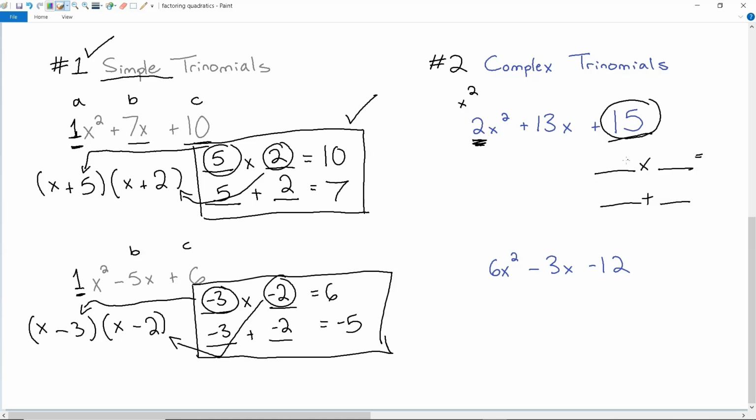So instead of 2 numbers multiplying to give me 15, I am actually looking for 2 numbers that multiply to give me 30. Since if I take my C value, multiply it by my leading coefficient, that's the value I get. But luckily, we can still look at the usual value of our B term for the second part of the puzzle.